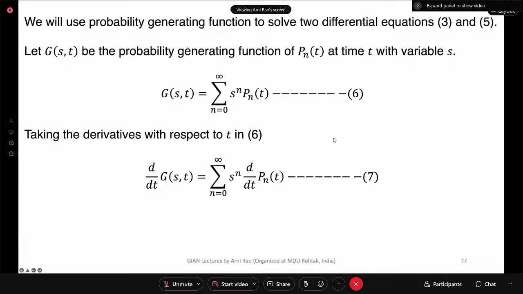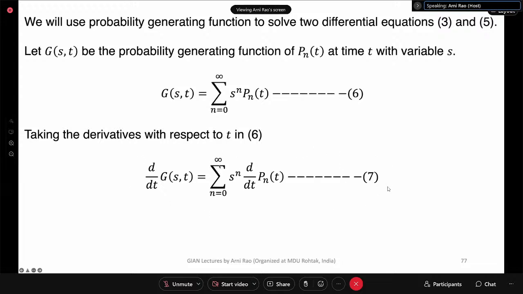The derivative d by dt of G(s,t) is d by dt of this term, and if you expand it, s^0, that is 1, d by dt p0(t), plus s d by dt p1(t), and so on.